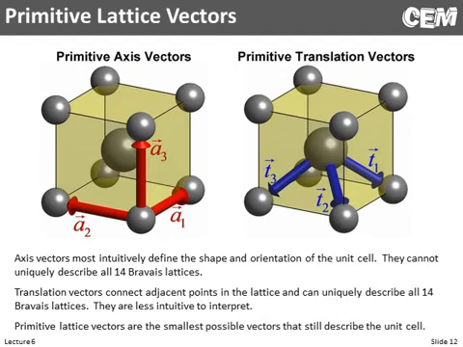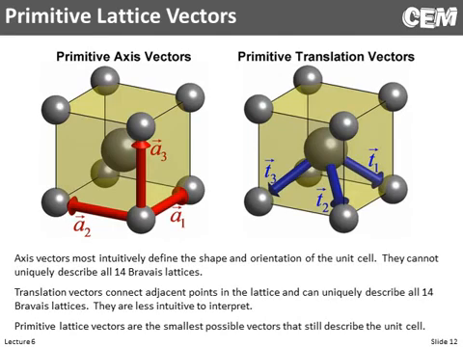So if we imagine an arrangement of spheres, a lattice vector is simply a vector that takes you from one sphere to the next. It can be adjacent spheres, or it can be a sphere all the way at the other end of the lattice that's thousands of unit cells away. All of them are lattice vectors. The primitive lattice vectors are the shortest possible ones, so they're connecting adjacent unit cells.